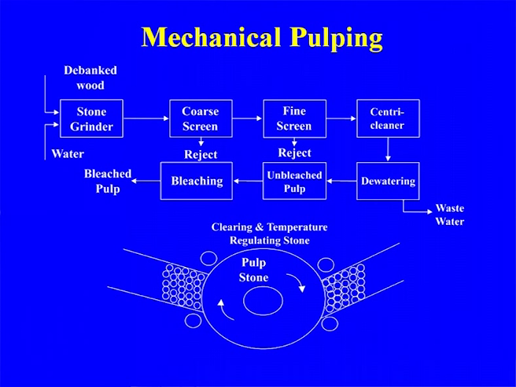This is the mechanical pulping process in the case of the stone ground grinder. Debarked wood is used, then coarse screen, coarse rejects, then fine screen, and centri cleaning. After all these screening and centri cleaning steps, dewatering gives unbleached pulp, and then final bleaching.